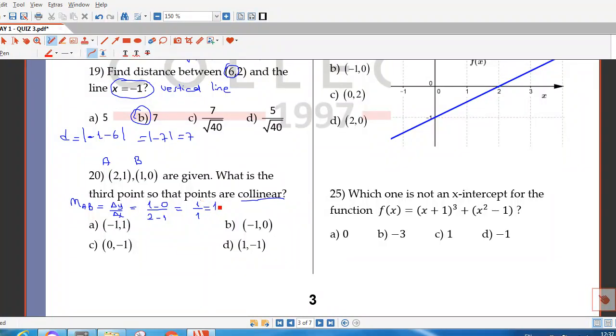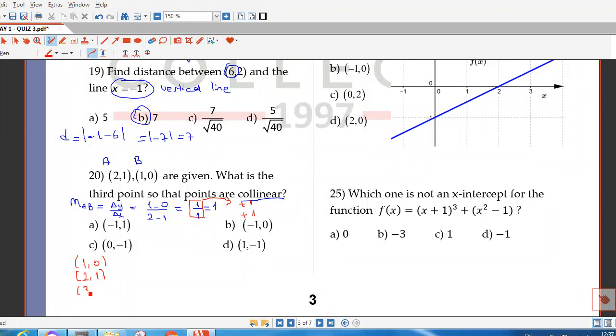Since the slope is change in y over change in x, you can add 1 to the x coordinate of a given point and add 1 to the y coordinate. One of my points is 1 and 0. Pay attention. If I add 1, it becomes 2. If I add 1, the other becomes 1. So 2, 1 is another point.